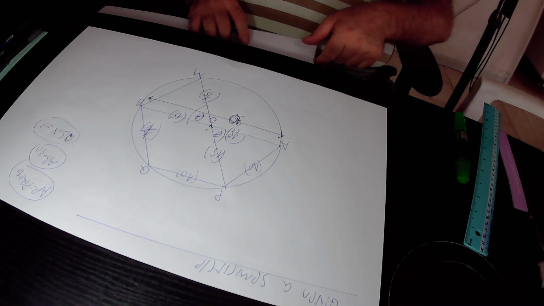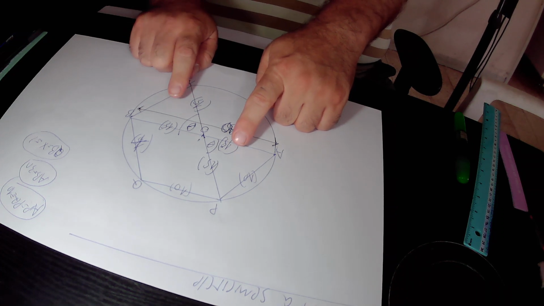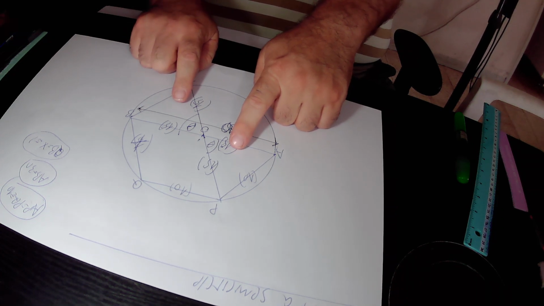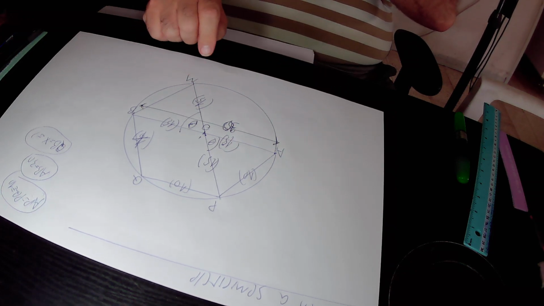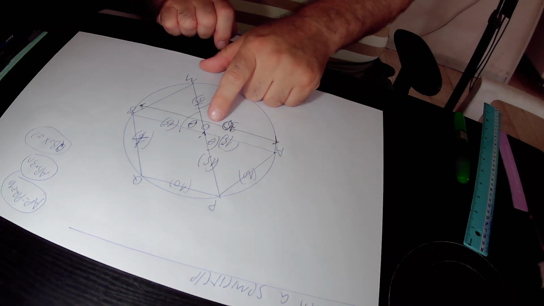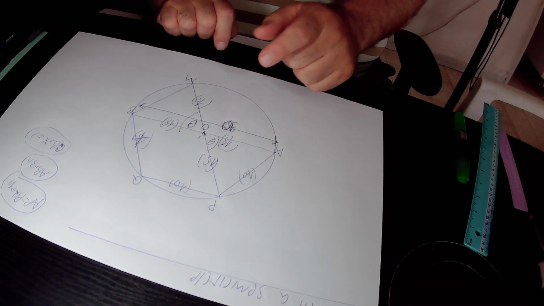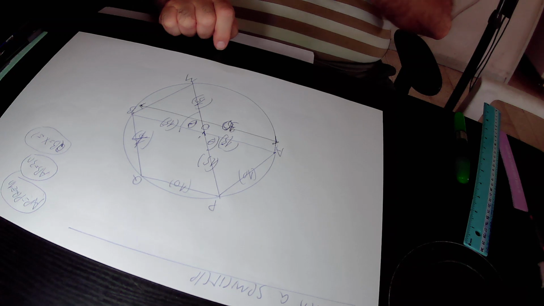Okay. So why can those two triangles go into each other? First of all, side OP equals side OM. They are both radii of the circle, therefore they are equal to each other. Each of them is equal to 15 units in length.